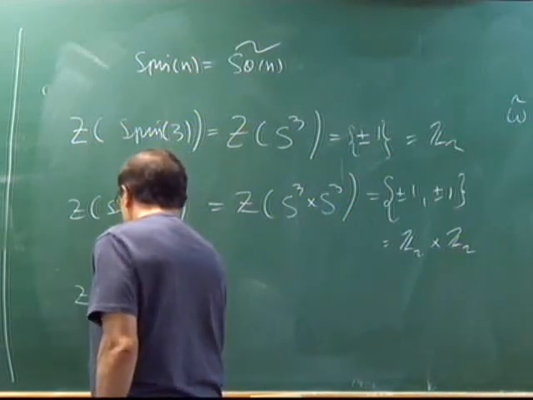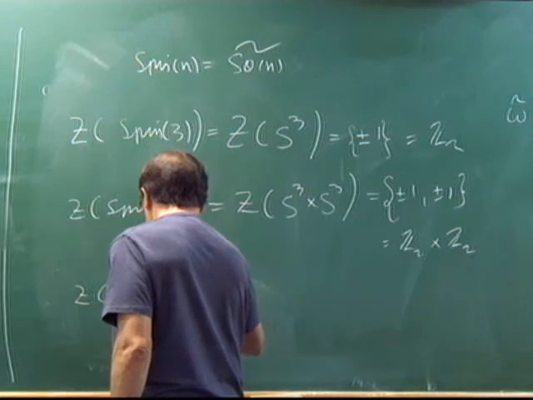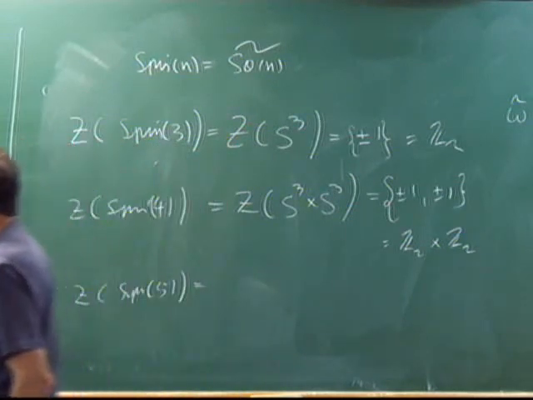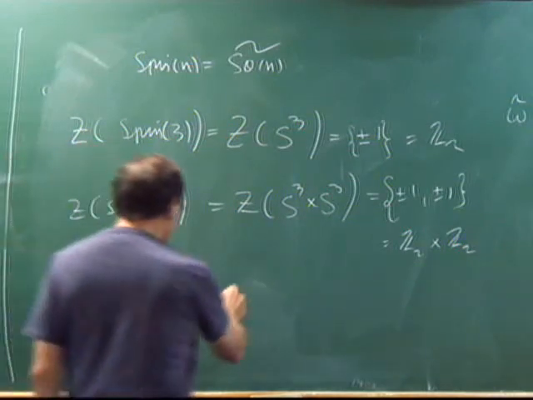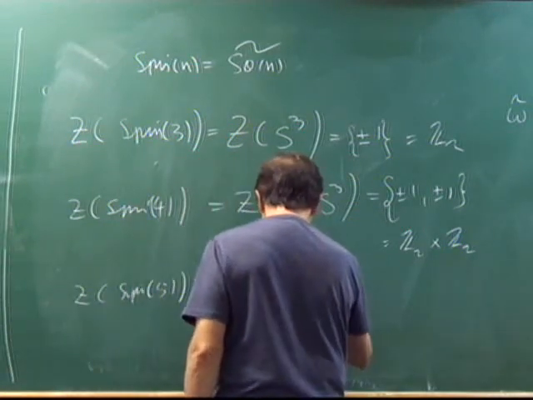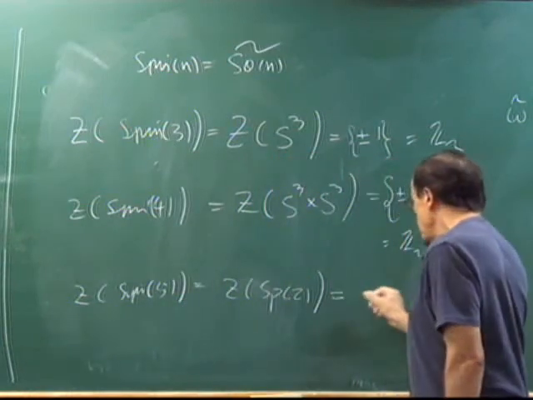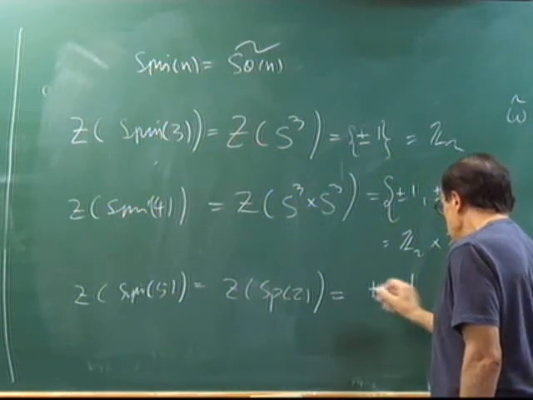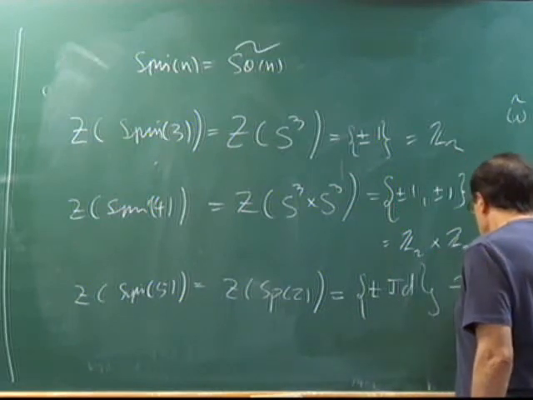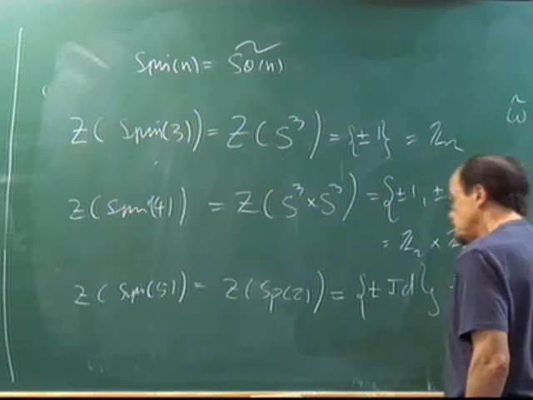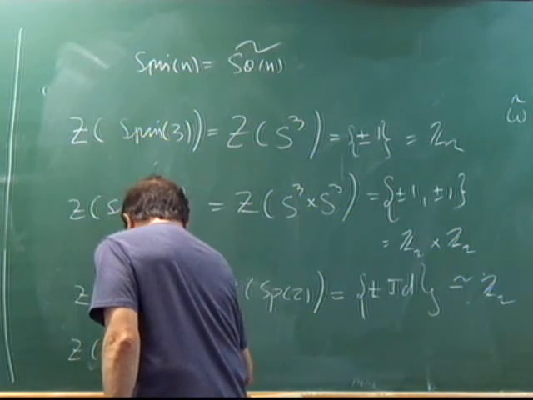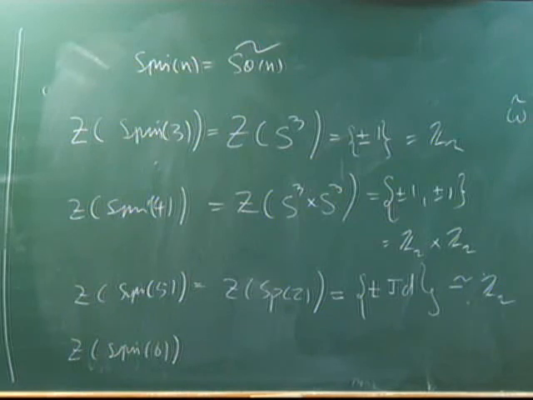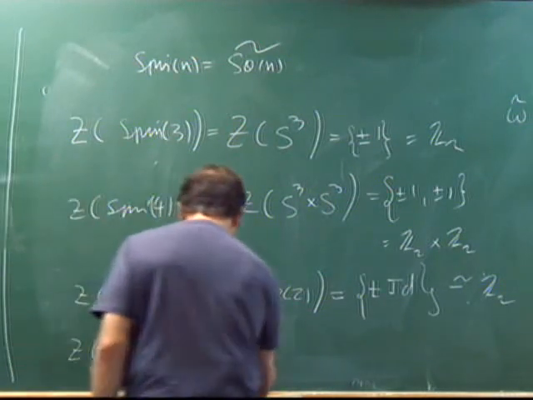Now we can see what Spin 5 is. This says Spin 5 is Sp2, that's my 2-fold cover. The center of Sp2 is again only diagonal matrices, so it's plus or minus identity, isomorphic to Z2. Center of Spin 6: Spin 6 covers SU4, so it's the center of SU4.